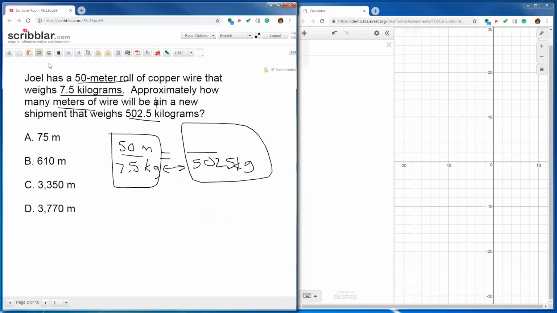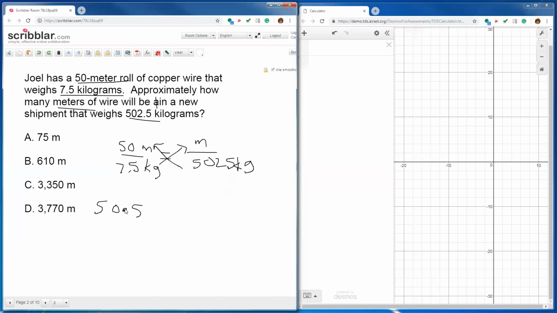So the easiest way to solve a proportion is to cross multiply. Oh yeah, cross multiply. You do bottom times top of the other side. So the 50 times the 502.5, and the 7.5 times the variable M.